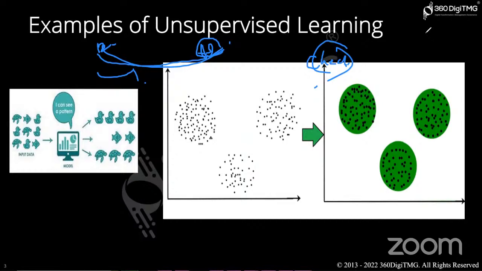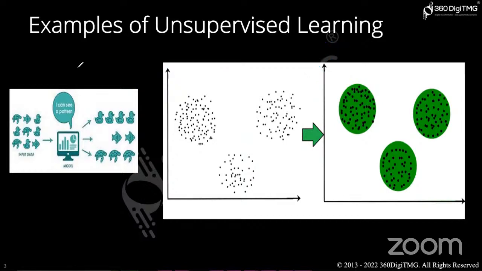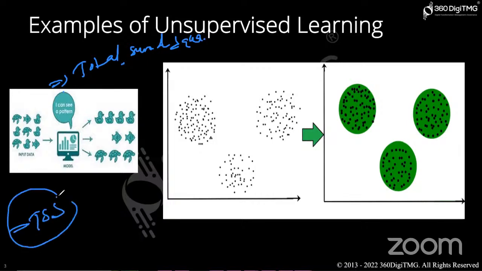So how will the scree plot be formed? The scree plot is calculated based on the total sum of squares, called TSS. So what is TSS?